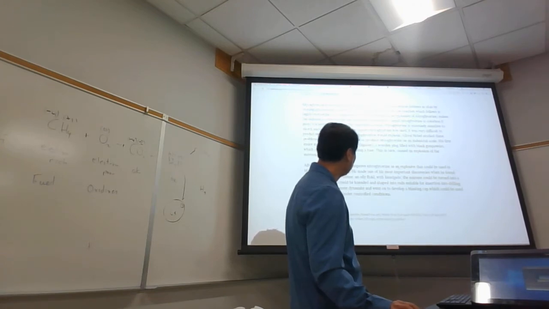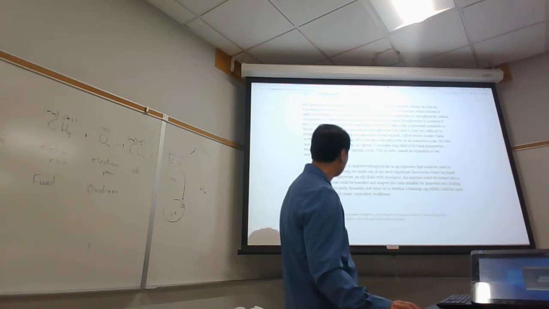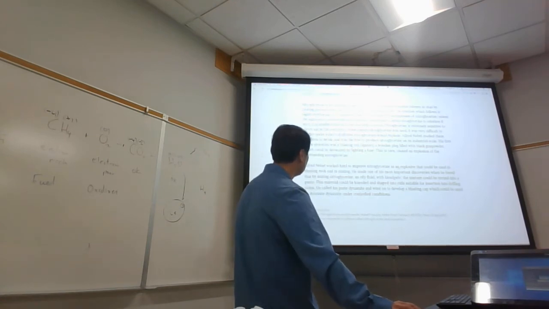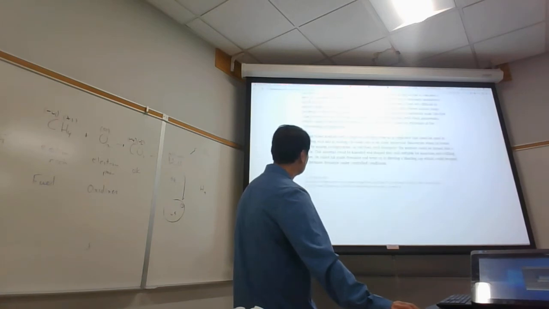Sounds German. The mixture could be turned into a paste. This material could be kneaded and shaped into rods suitable for insertion into drilling holes. He called this paste dynamite and went on to develop a blasting cap which could be used to detonate dynamite under controlled conditions. So he converted it into a paste using this stuff.